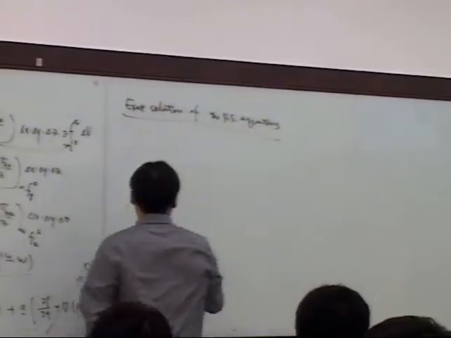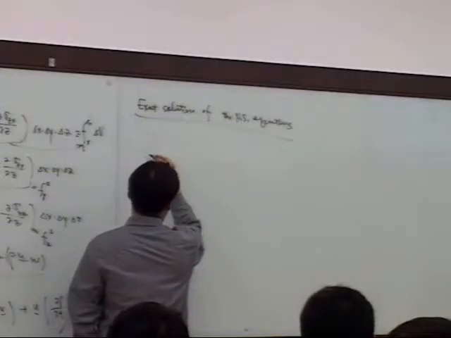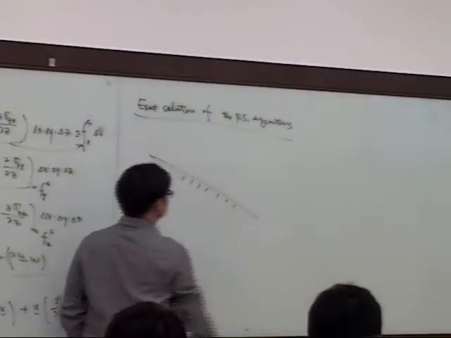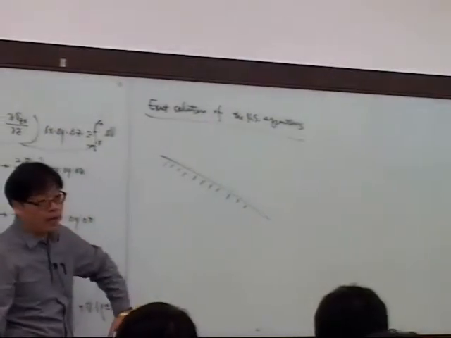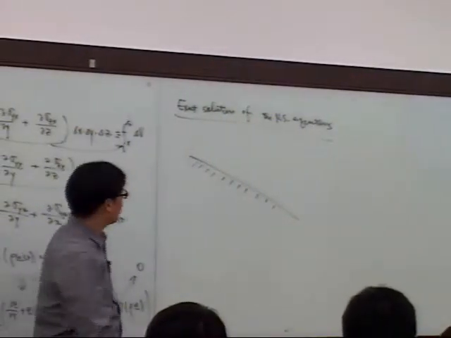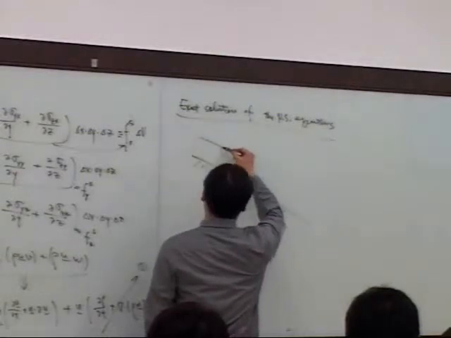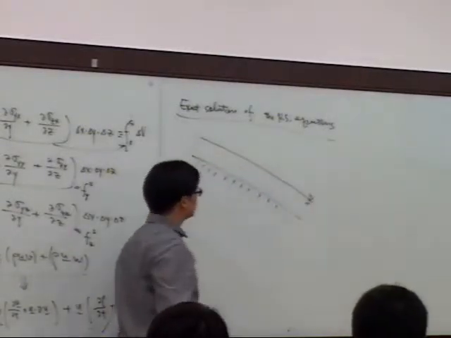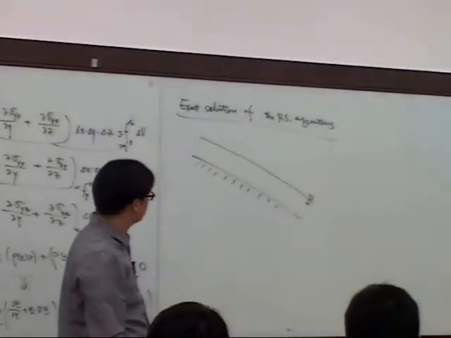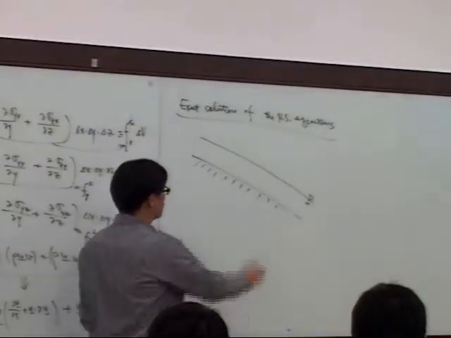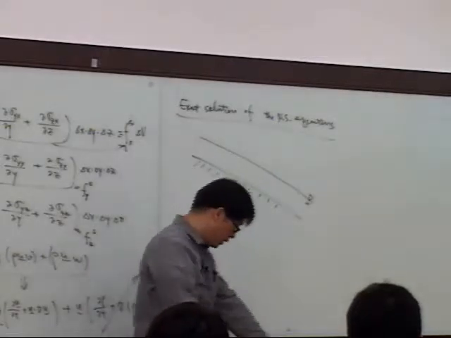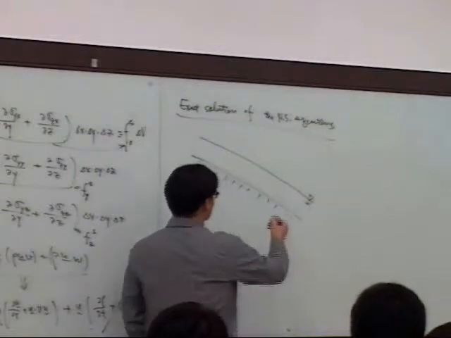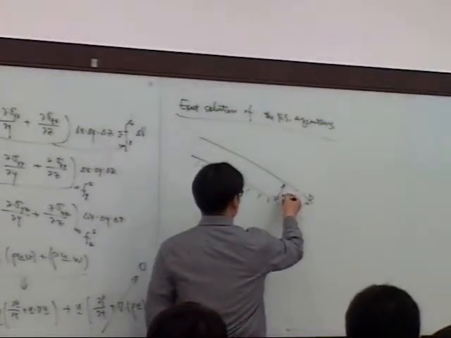So the problem that we are interested in is the following. We have an inclined plane, and you have a flow over the inclined plane. This is a free surface, so you have a plate and there's a flow with a constant depth h.